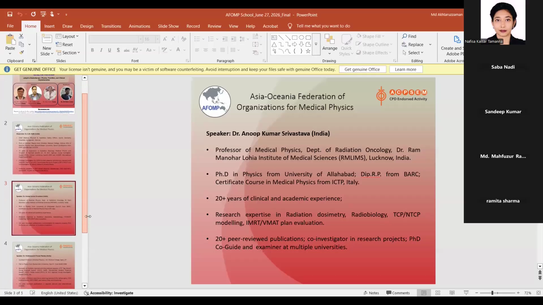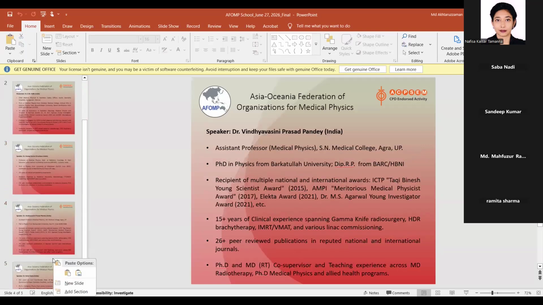Now we will move on to the second lecture from Dr. Prasad Pandey. He is also one of the important medical physicists in India. He secured his PhD in physics from Barkatullah University and the Department from BARC.